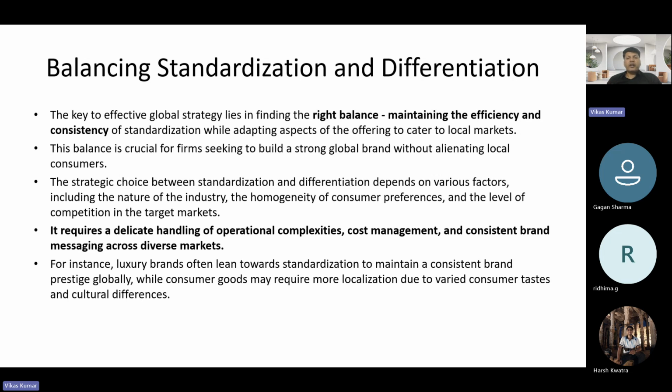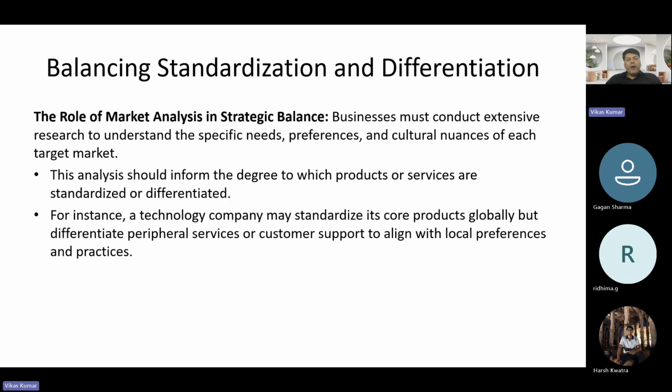Here, standardization does not fit well as compared to differentiation when it comes to the consumer goods segment. But when it comes to luxury brands, standardization is the key. So what is the role of market analysis in strategic balance?